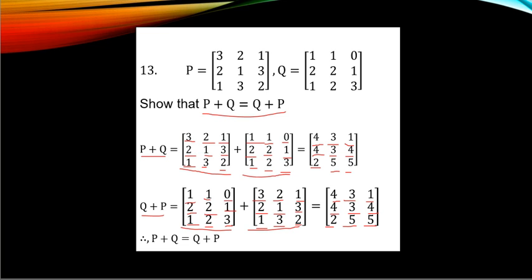You notice that P plus Q is equal to Q plus P. This shows that the addition of two matrices follows the commutative property. Therefore, P plus Q is equal to Q plus P. Are you following? Okay.